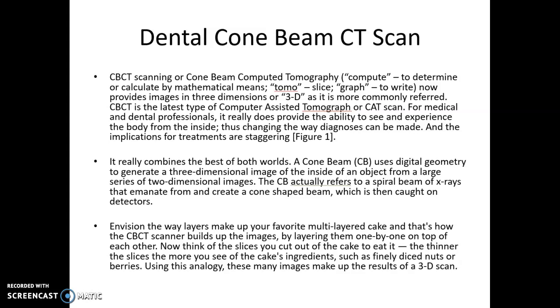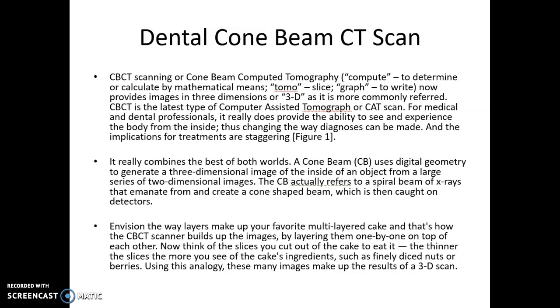The very bottom section is talking about how it's like taking a multi-layered cake, where you've got all the different slices and you put those slices together to create the one cake. Another analogy: if you're familiar with the Body Museum in Atlanta, in one of their displays they took a body, froze it, and sliced it into very, very thin slices.